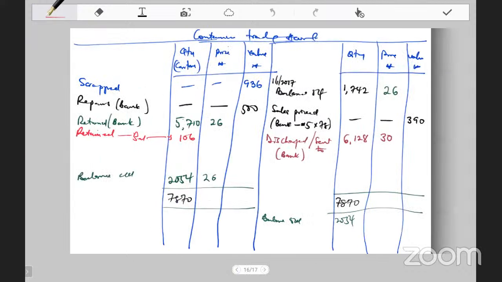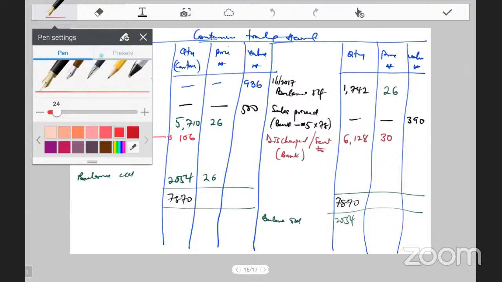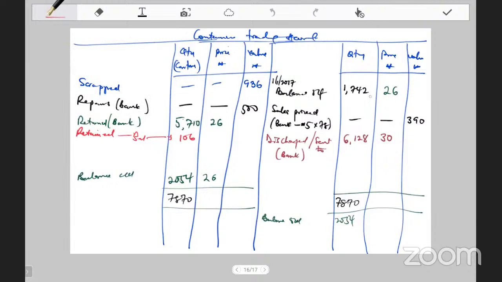So this retained will be a double entry. Sorry, I don't understand. Okay, let me repeat. Look at what I've just said here. What we have at the beginning given to the customer is 1,742. Then we charge out during the year 6,128. So what's the total amount of containers in the hands of the customer? 7,870.